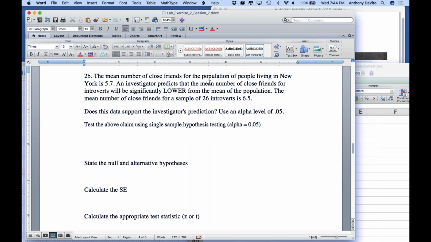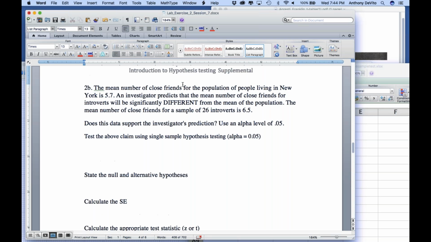So an investigator predicts that the mean number of close friends for introverts will be, for starters, I'm going to say different than the mean of the population. You're going to see why I'm changing this in a moment. The mean number of close friends for a sample of 26 introverts who were surveyed is 6.5. Okay, now I don't like that. I don't like these numbers.